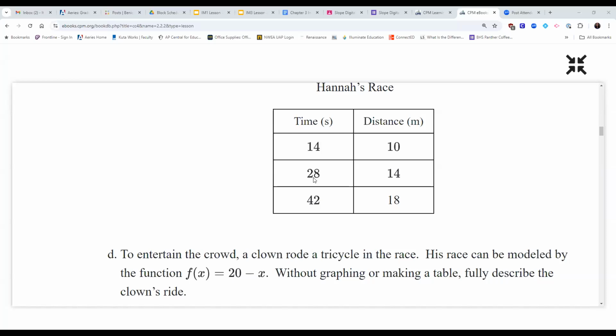And then 28, 14, we can't do that one. And 42, 18, we can't do that one either. Oh no, we're going to have to do some math.